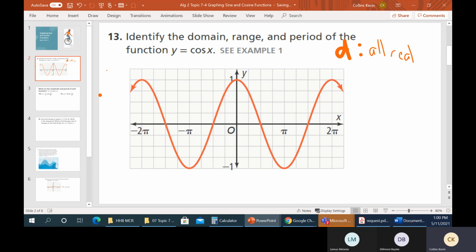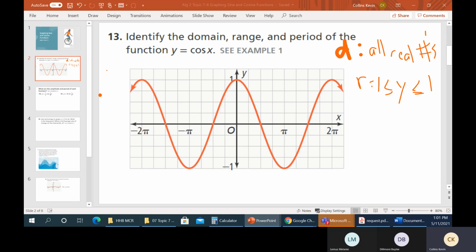And then our range, we just figured out, is y bounces back and forth between -1 and 1. So we never get higher than 1, we never get lower than -1.